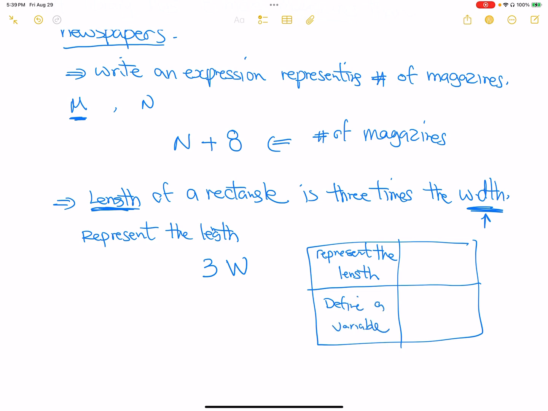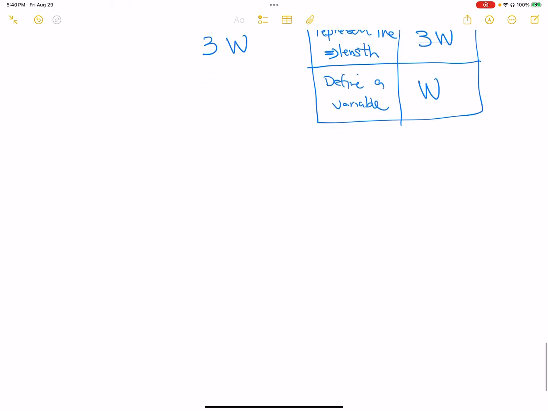So in this case, we will define a variable as W. Because they say represent length, your variable should be the other thing that's being related to it, let's say width in this question, and that's how it's represented. 2 more questions to understand this much better. I hope you did.